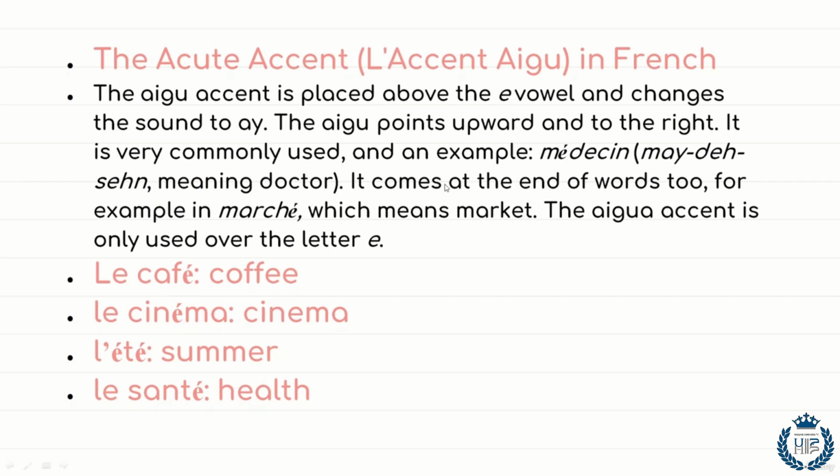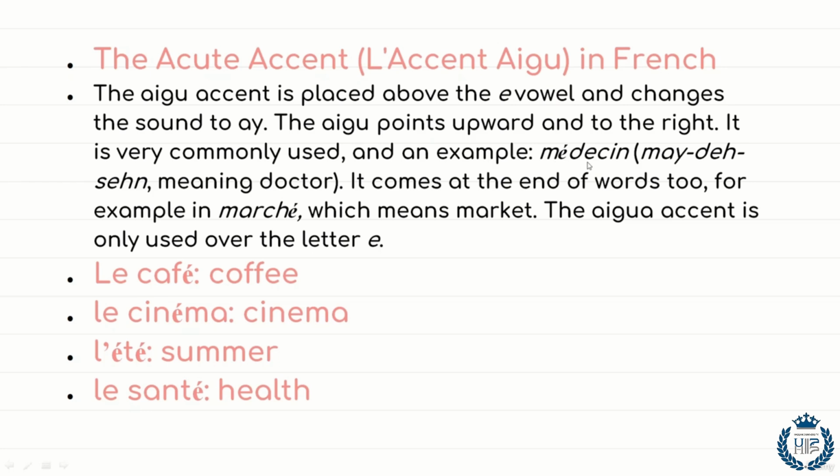It comes at the end of words too. For example, in marché, which means market. The aigu accent is only used over the letter E. So we said it changes the sound to A. But when we pronounce it, there is not really a distinct A sound. It's just more of a type of feeling.